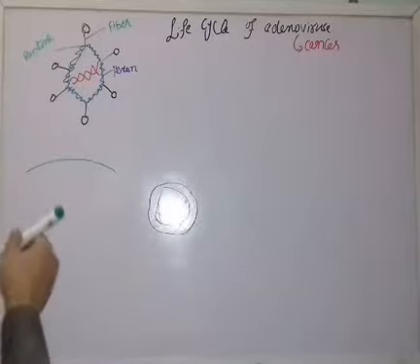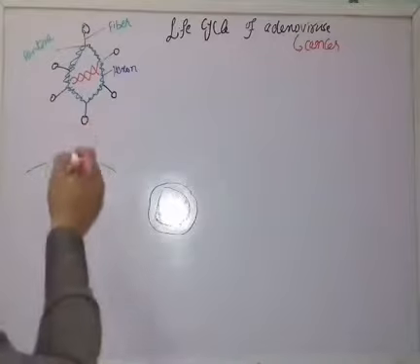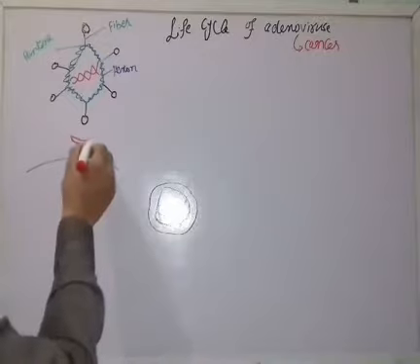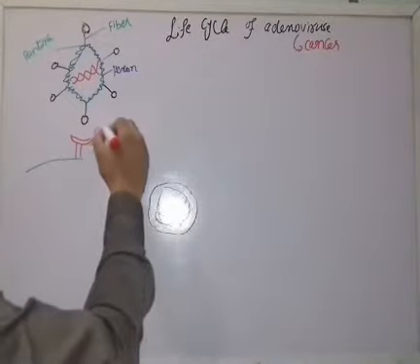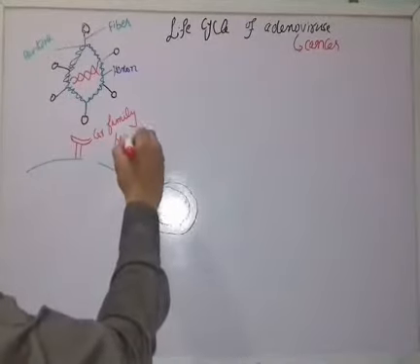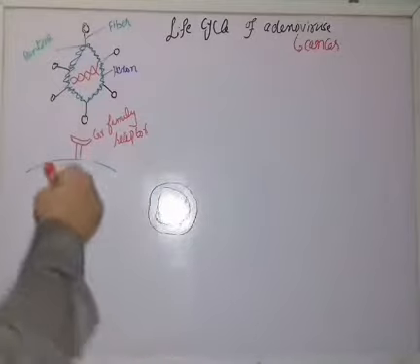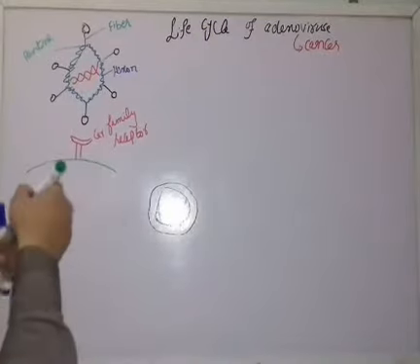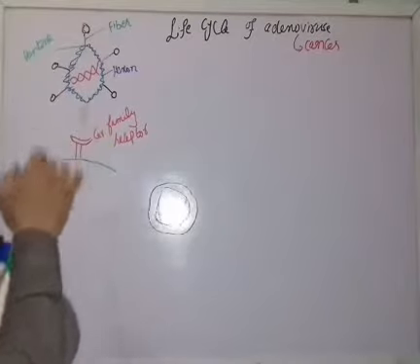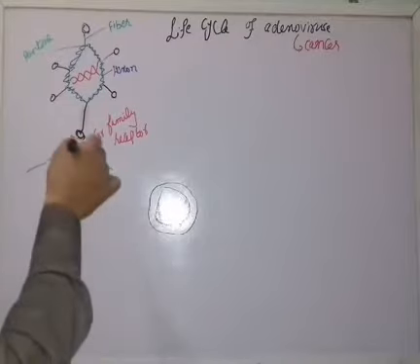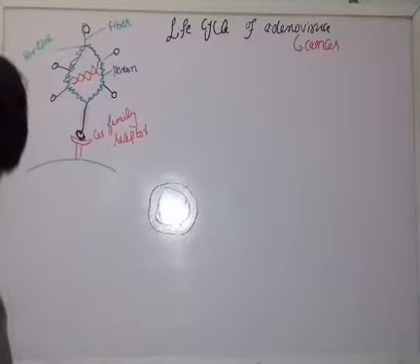Fine. So now let me draw the host cell here. Let's suppose this is the host cell, and on the host cell there are also some receptors, and we call them the CAR family receptors. These are the CAR family receptors. Now what happens? The receptors of the adenovirus, meaning the spikes, will attach to the receptors of the host cell.